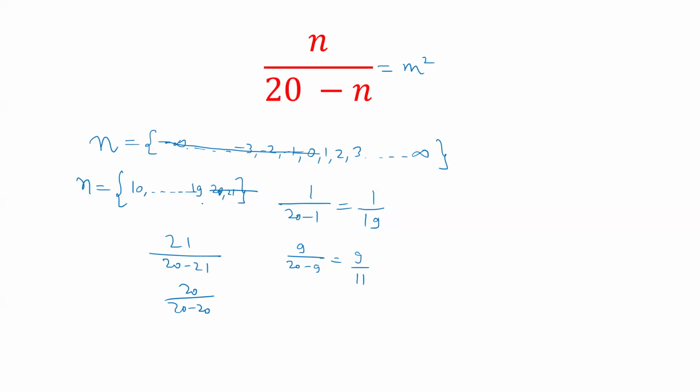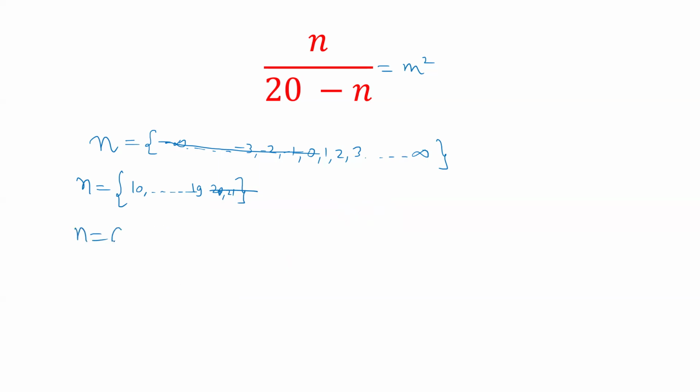Only numbers up to 19 are left, so we have to check from 10 to 19 only. After a range of infinite numbers, we are left with only 10 numbers. n can be 10, 11, 12, 13, 14, 15, 16, 17, 18, 19.